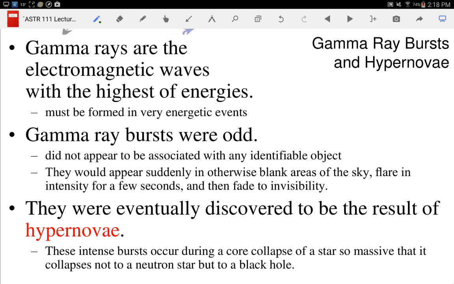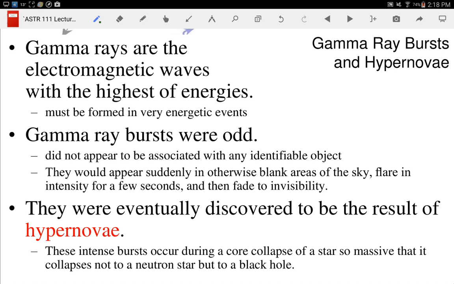Okay, now, a terminology that to me is fairly new, that means it's 3 or 4 years to me, is the term hypernova. When I first started teaching astronomy, a supernova was a supernova. A supernova produced either a black hole or a neutron star.